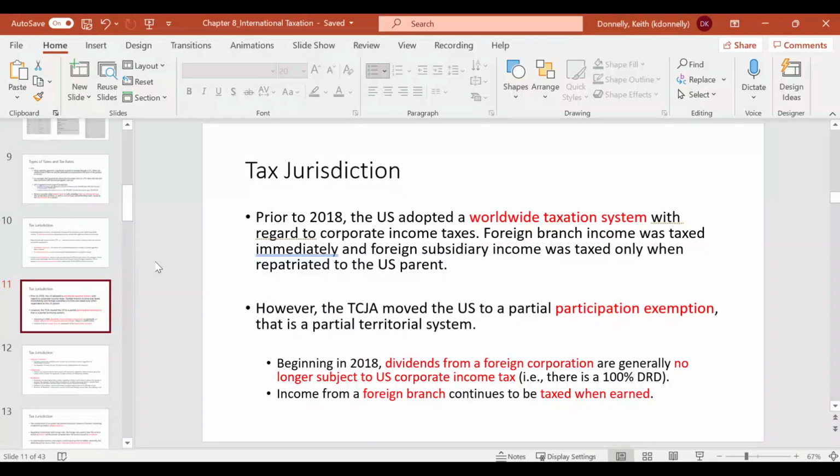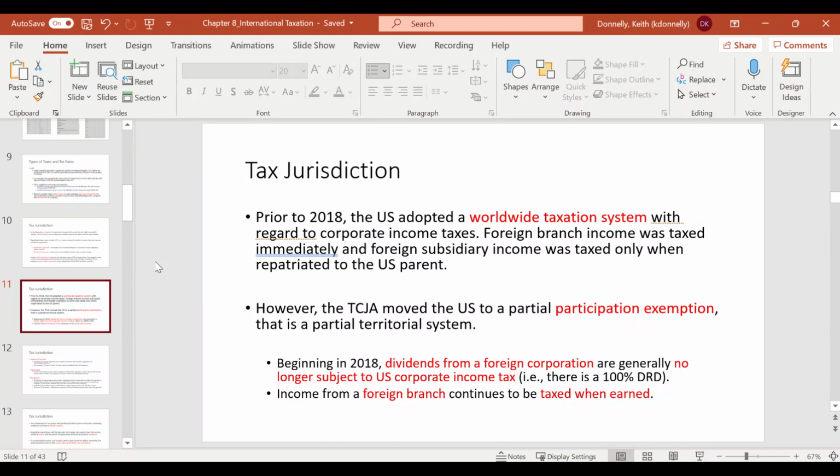Now, prior to 2018, the U.S. adopted a worldwide taxation system with regard to corporate income taxes. One of the ways that they kind of had a hybrid approach to this is they said, hey, you're a U.S. corporation. If you have foreign branch income, you just extend your operations into the foreign country, that's going to be taxed immediately.